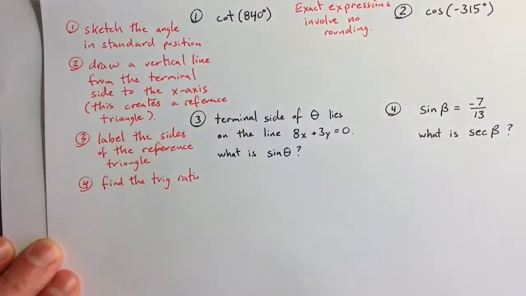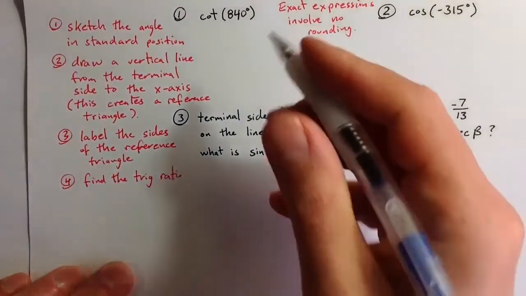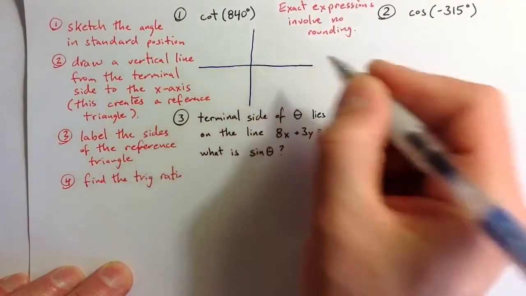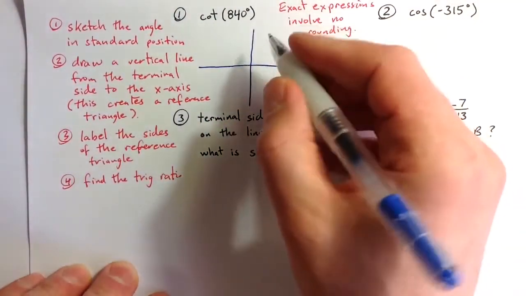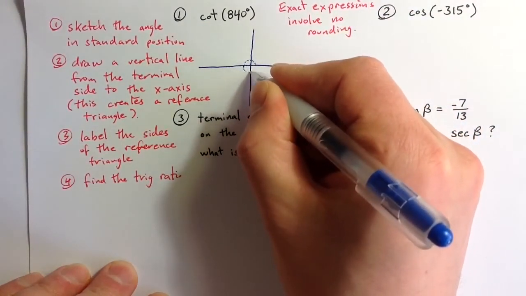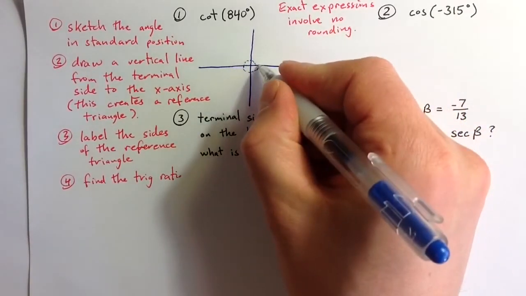So let's take a look at our examples here. For cotangent of 840 degrees, let me make a sketch of what that would look like. So 840 degrees, if I go 1 full positive rotation counterclockwise, that's 360 degrees.